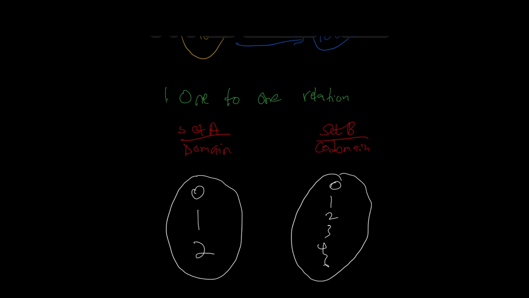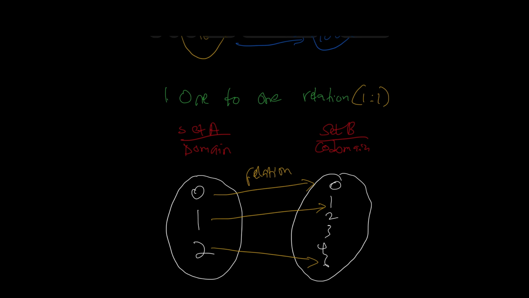So in this case, we have something like this. Then this relation is said to be one-to-one. Every member in the domain has only one member in the codomain. That is a one-to-one relation.